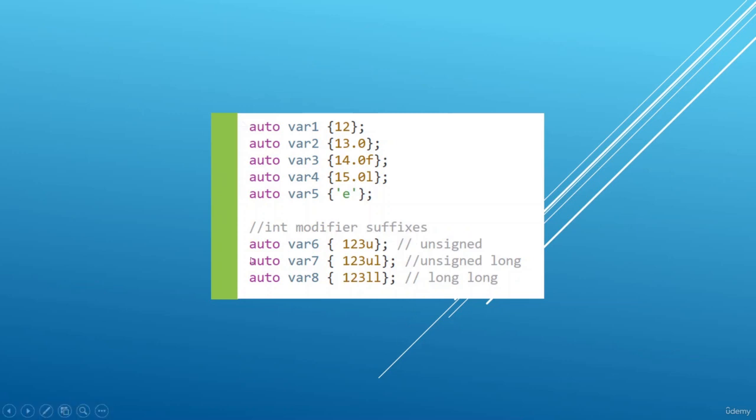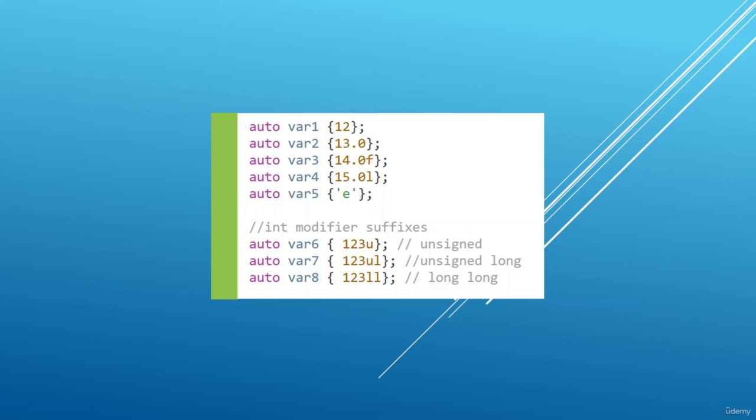Down here you see that we have a few examples with integers. If we pass a suffix of u, this means that we are storing an unsigned integer, so that's what the compiler is going to deduce.